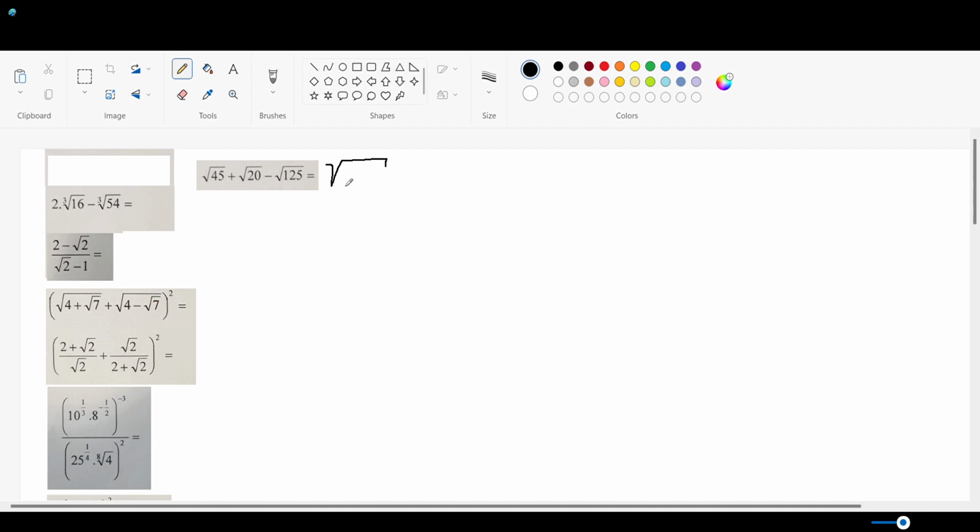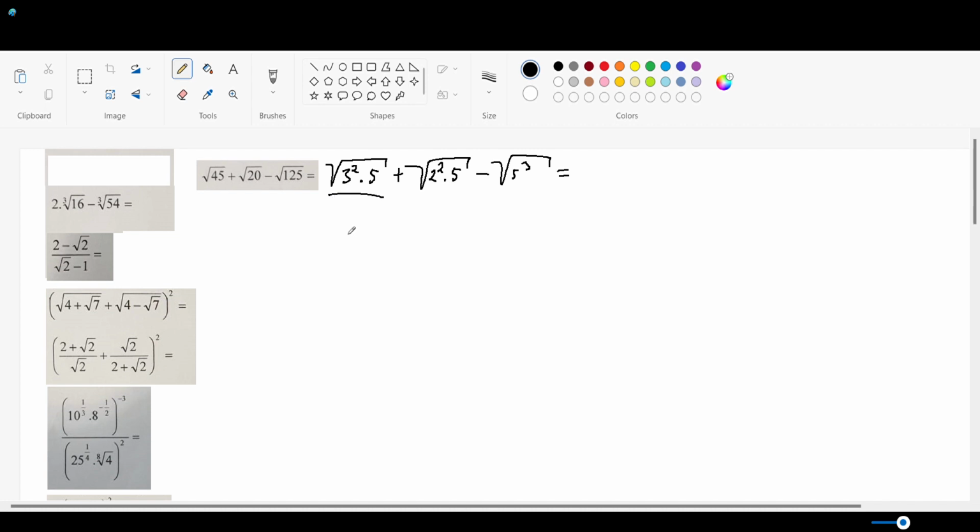So 45 is 5 times 9, which means it is 3 to the second power times 5, plus 20 is 4 times 5, which means it is 2 to the second power times 5, and the last number 125 is 5 times 25, which means it is 5 to the third power.